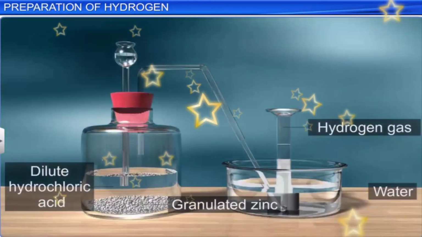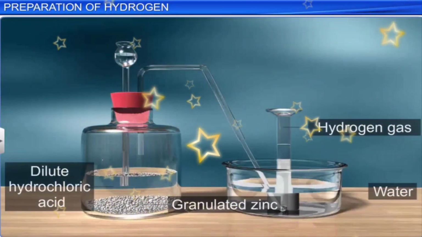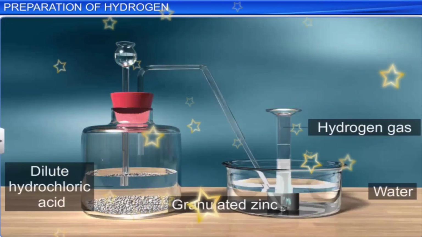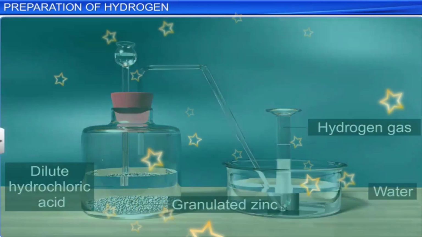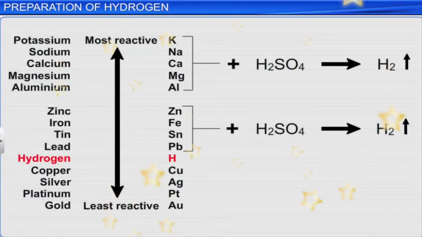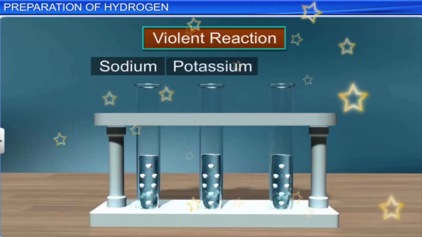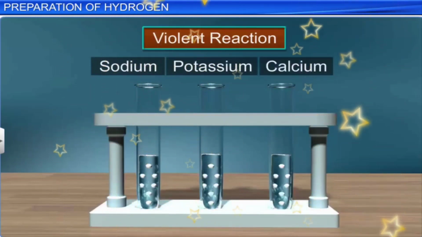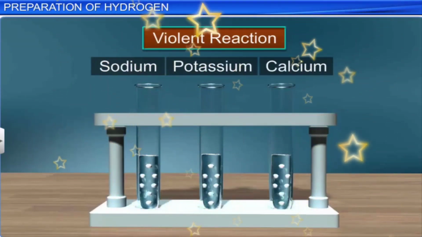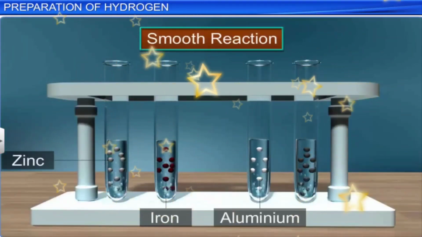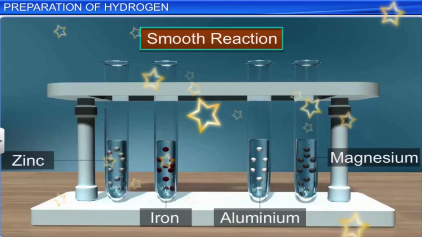Now, you will see another way of preparing hydrogen, the action of acids on metals. A metal that is more reactive than hydrogen reacts with an acid to liberate hydrogen. Reaction with sodium, potassium and calcium is violent, while the reaction with zinc, iron, aluminium and magnesium is smooth.